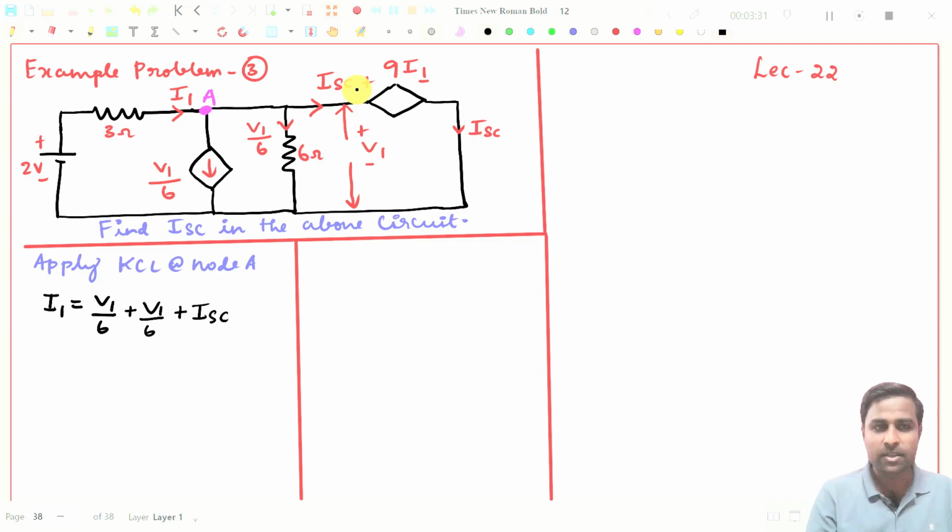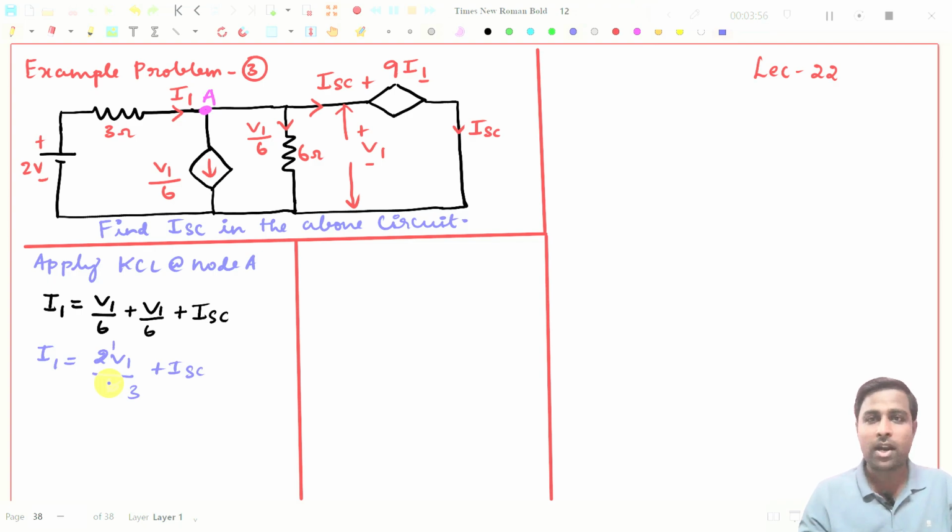If you simplify this, I1 will be equal to 2V1 by 6 plus ISC. I have taken the LCM, common term. This is 3, this is 1, so this is V1 by 3.